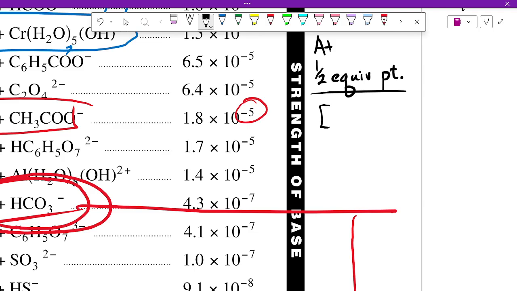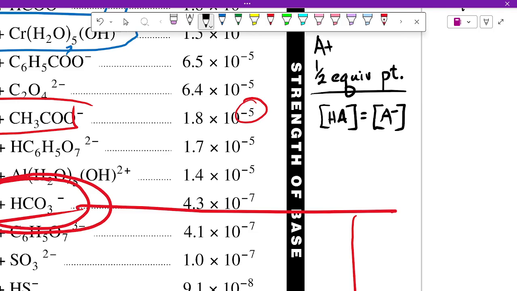Concentration of HA is equal to concentration of A minus, because you've taken half of the HA, which is what you started with. Say you started with 10 moles of HA. You have neutralized half of it. So now you have 5 moles of the HA left and you have 5 moles of A minus.